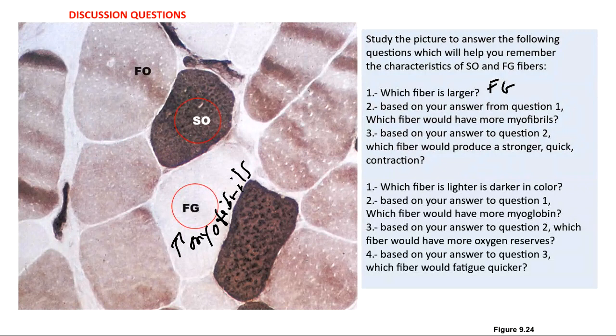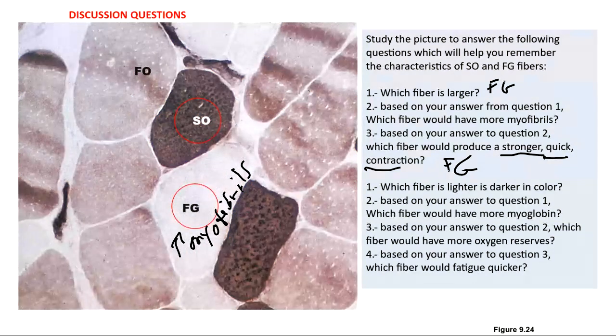The more myofibrils, the more cross bridges, the stronger the contraction. So based on your answer to question 2, which fiber will produce a stronger quick contraction? Fast glycolytic. Fast glycolytic fibers are needed when we need quick, fast, strong contractions.